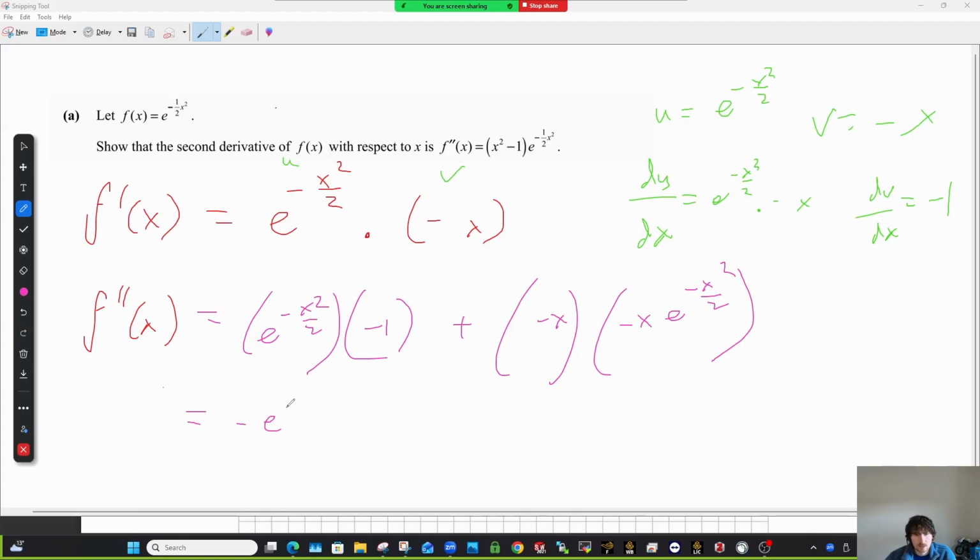It becomes minus e to the minus x squared over 2, minus, oh, it'll turn to a plus x squared e to the minus x squared over 2. So you see both of them have an e to the minus x squared over 2, so you can factor that out. You factor that out, it leaves a minus 1 there and a plus x squared here. And sure, that is x squared minus 1 there. It is done. This video is over.